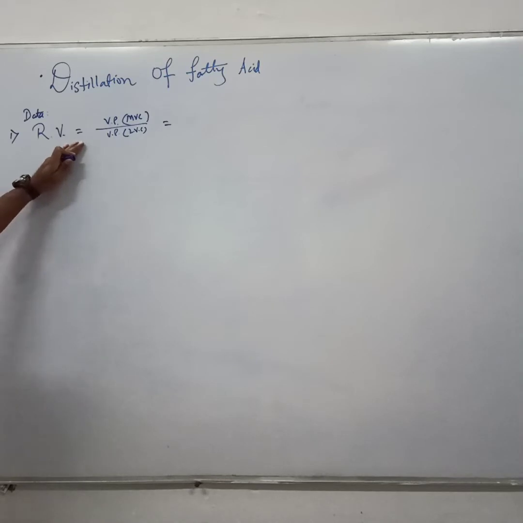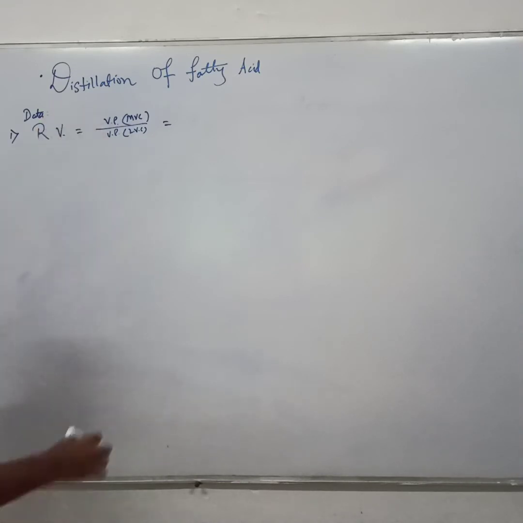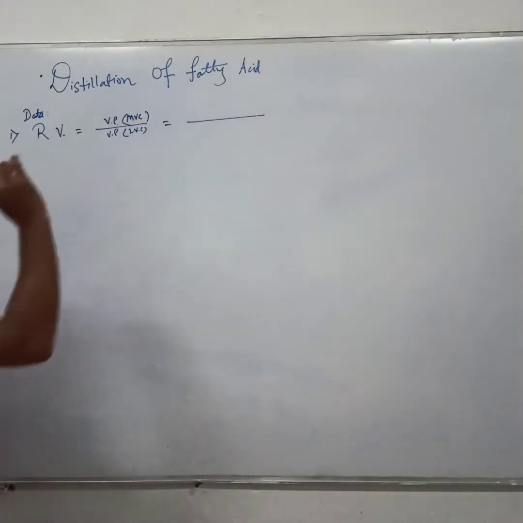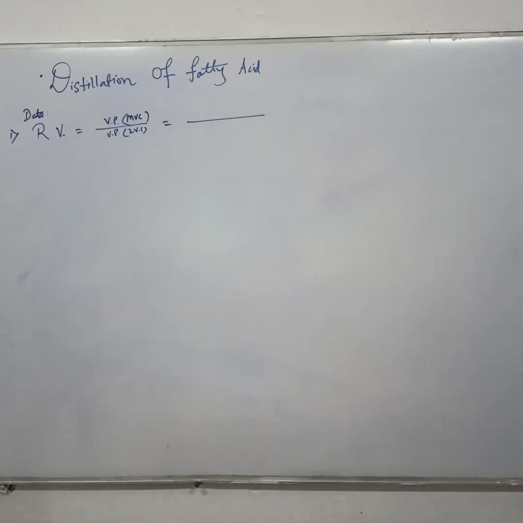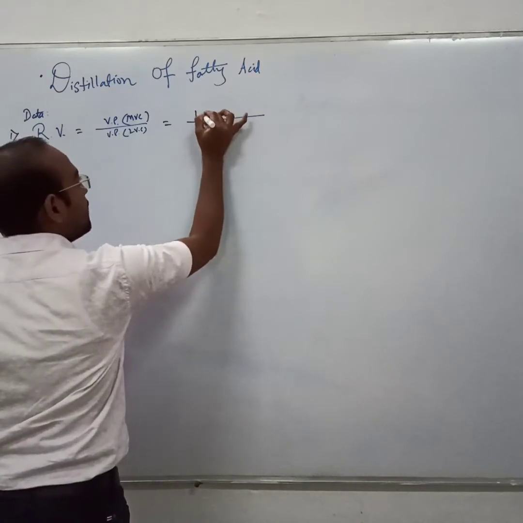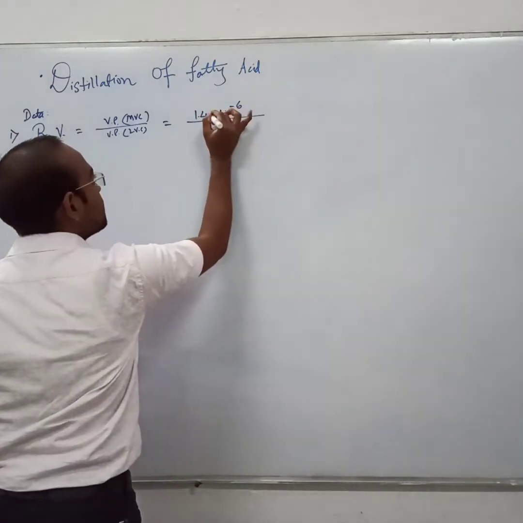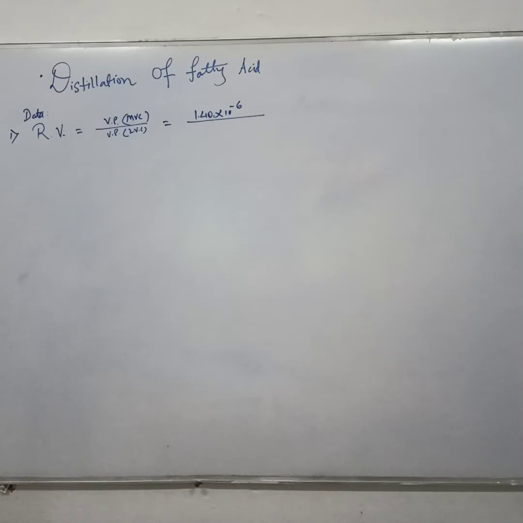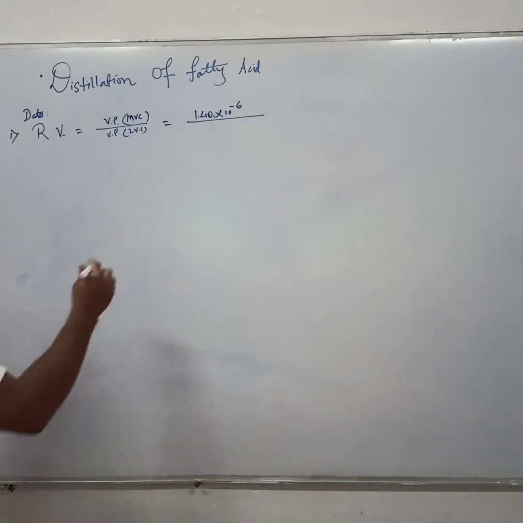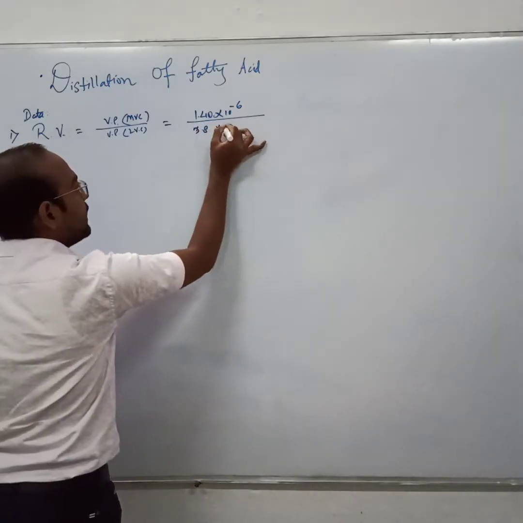If the value of relative volatility is 1, then there is no separation. The greater the relative volatility, the more easily we can separate the mixture. So what is the vapor pressure of the more volatile component? Our more volatile component is myristic acid, and its vapor pressure is 1.40 times 10 to the power minus 6. The vapor pressure of the less volatile component, palmitic acid, is 3.8 times 10 to the power minus 7.